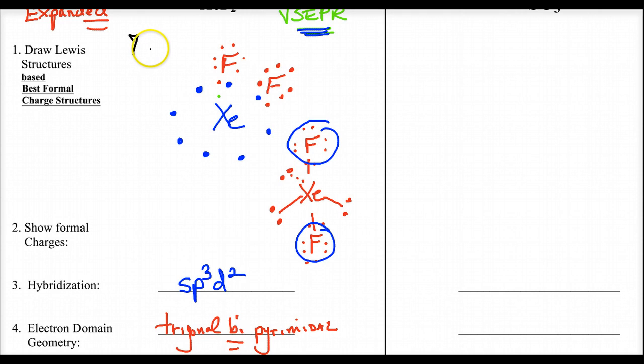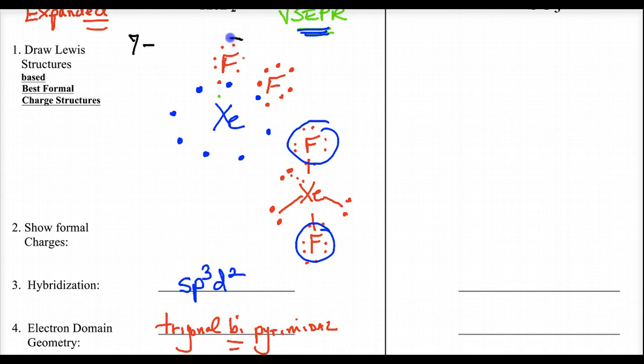Remember, formal charges are just ways of bookkeeping whose electrons are where, to make sure I have the best possible structure. In this structure, it's not necessary to actually have them because we're pretty confident that the fluorine will be terminal because of one unhybridized p, but for practice, we'll do it anyway. 7 valence electrons minus all the electrons that are assigned to fluorine.